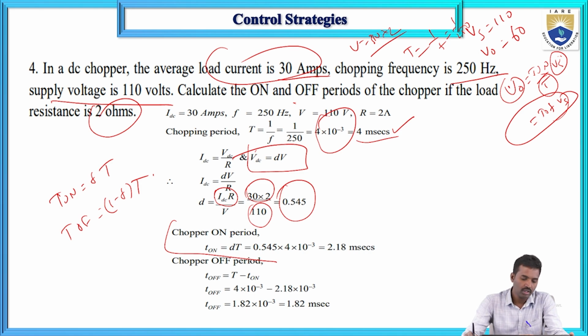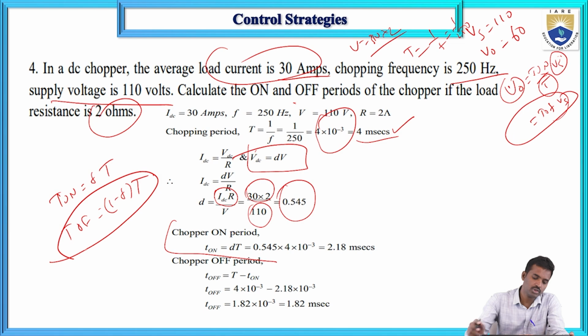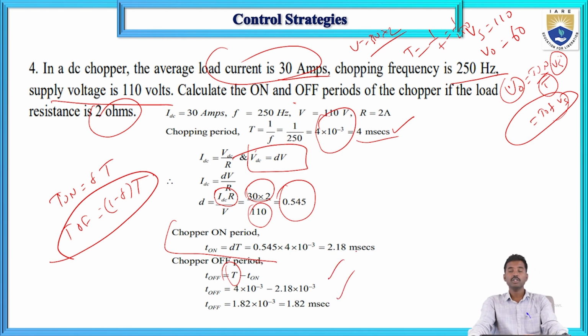You can substitute in this formula, or you can subtract T on from the total time period. You will get T on is 2.18 milliseconds and T off is 1.82 milliseconds. So these are the problems.